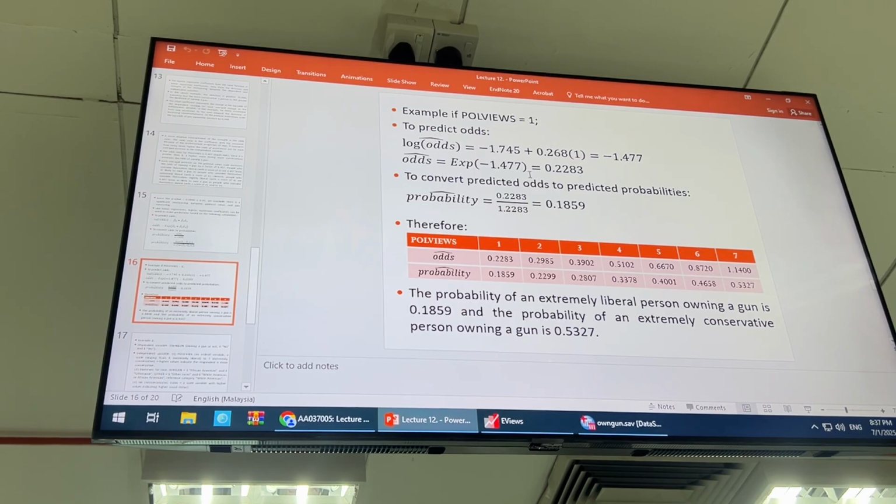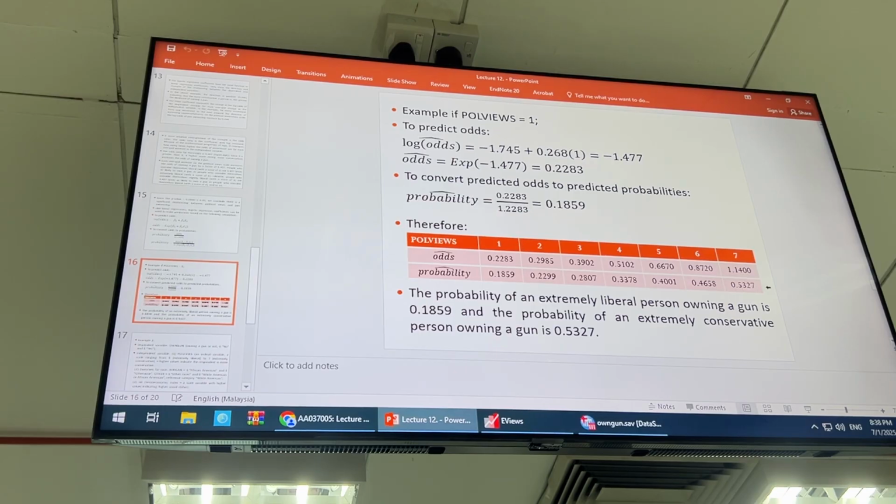If you do the same calculation for a higher level of political view, for those equal to 2, you replace the value, do the same calculation, and you get an odds ratio of 0.2985, and then using the formula, you get a probability of 0.2299. You do the same for all levels of political views.